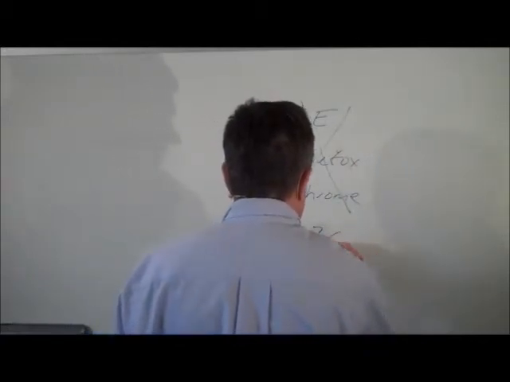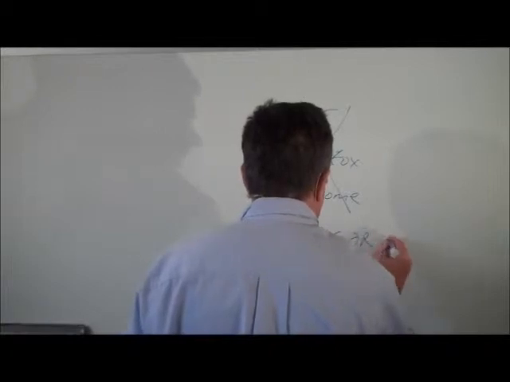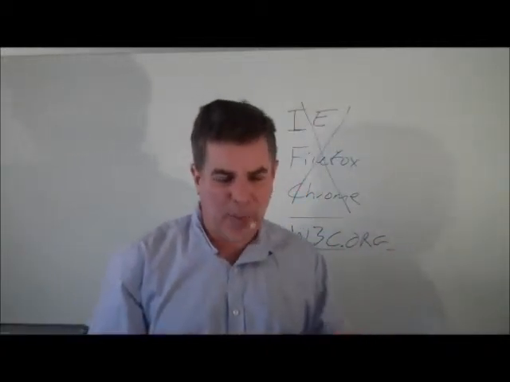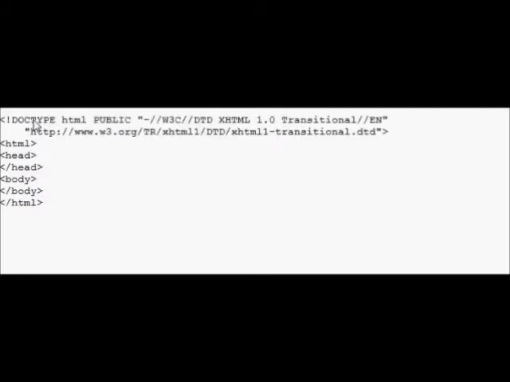W3C.org, which is a validator. You start out with your basic HTML with our big 6 lines. We're copying in a doc type. It's long, it's complicated, it should fit on one line, but it doesn't.